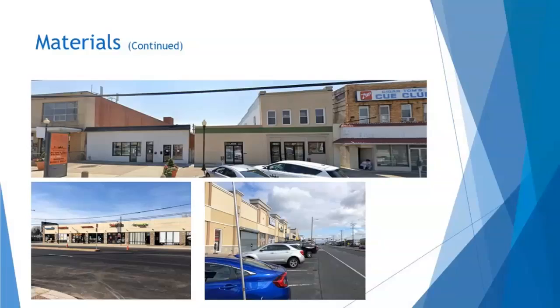So if there's an ability when we're drafting these guidelines to prevent giant blank flat walls like that, I don't know if there's the ability to add some stone or some shutters, something to give those buildings a little more dimension than just that totally flat stucco.